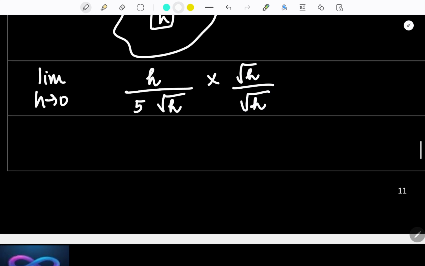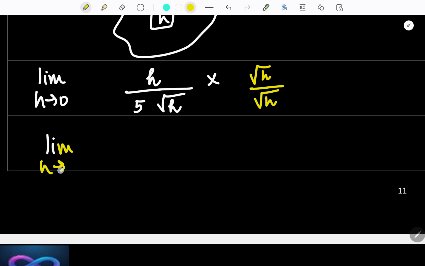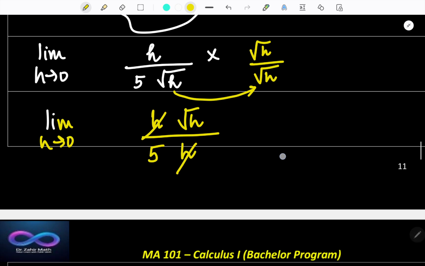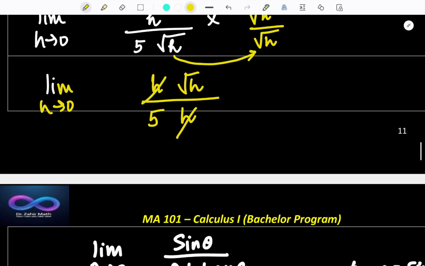So limit h goes to 0, h root h. Root h is what? h. So h root h in the numerator divided by 5, root h into h is h. h gets cancelled. So what is remaining? Root h divided by 5.